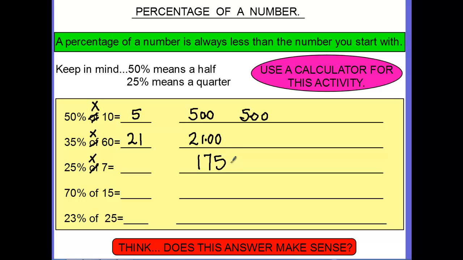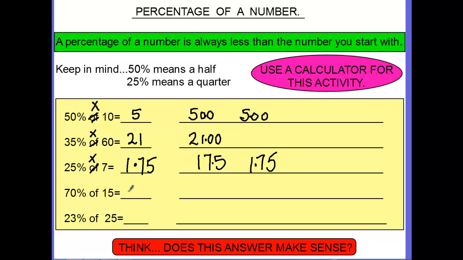There's no way it's 175 because it's got to be less than 7. So there's no way 17.5 because that's still more than 7. So let's write those digits down again, 175, and this time we'll jump over 2 decimal places. We'll put the point there. Does that make sense? Certainly looks like it to me. It must be 1.75.